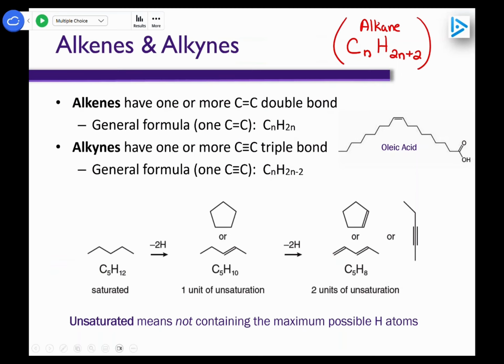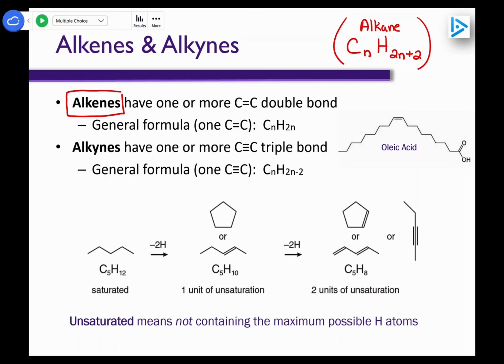If we see that ratio, we know the molecule is saturated with hydrogens. It has as many as possible. And if it's an alkane, that means we don't have any double bonds. Of course, if it's a cycloalkane, we had to remove 2 hydrogens to get there.